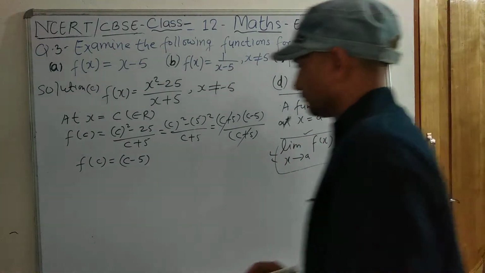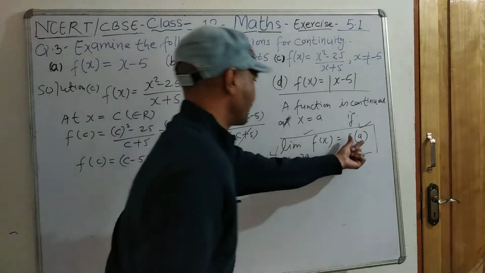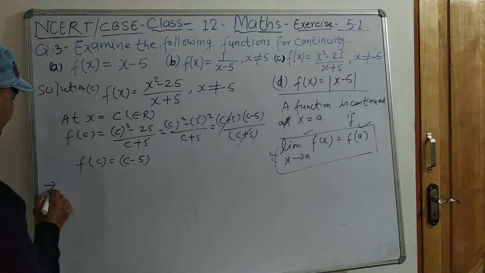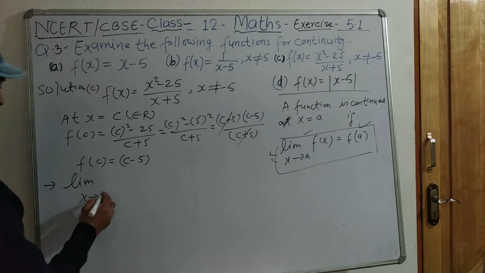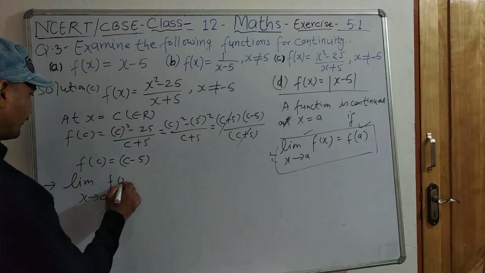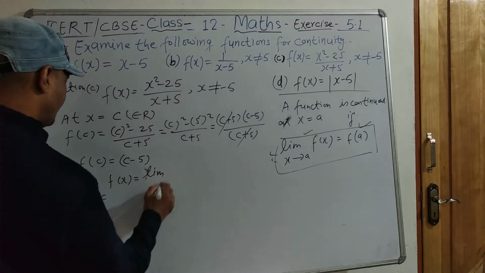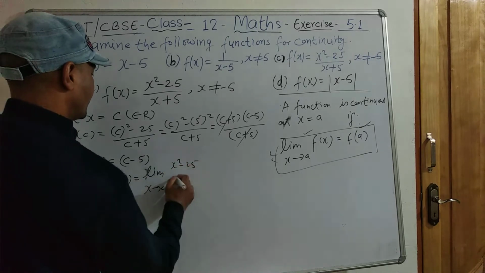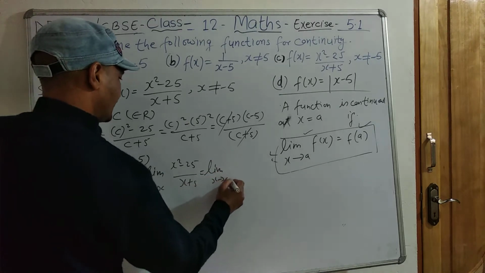Now this limit, always we take this formula: limit x tends to c, f x is equal to f of c. Now limit x tends to c, we have taken the function f x equal to limit x tends to c, x square minus 25 by x plus 5, just like the previous steps.